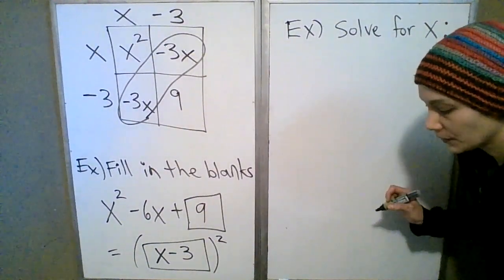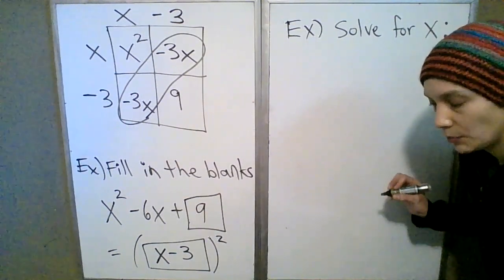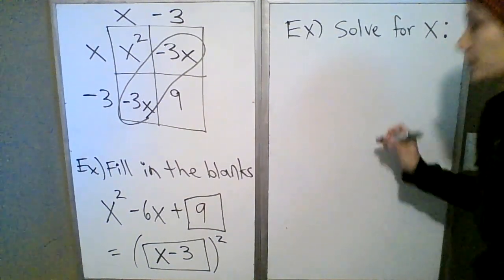What we're going to do is have x squared plus 4x minus 5 equal to 0.